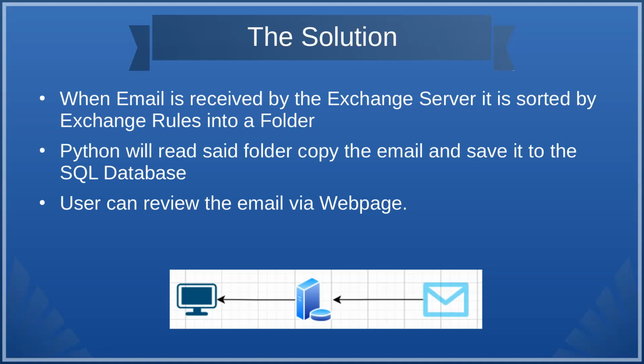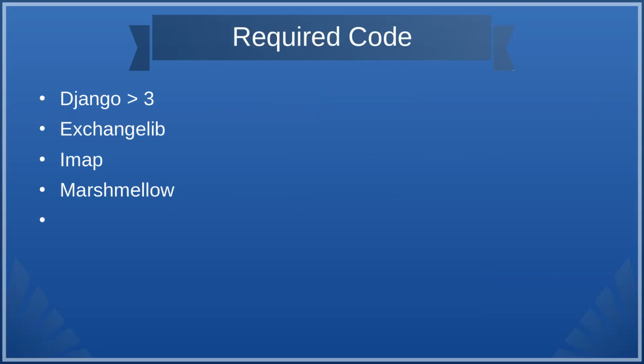So how do I do that? I started with my Django website. And now that it's with Django version 3, you don't have to have Postgres. You could do it with a SQLite file if you want to.